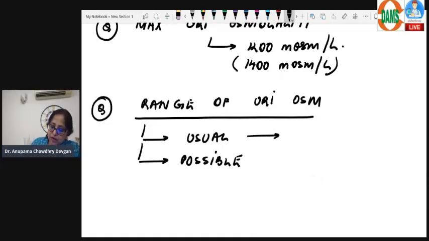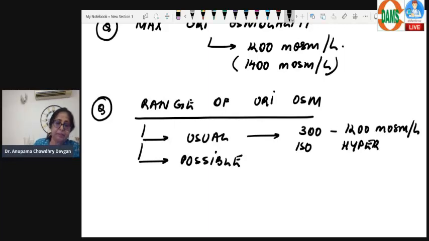The usual range of urinary osmolality is 300 to 1200 milliosmoles per liter. That means it is isotonic to hypertonic. Usually the urine which is produced is isotonic to hypertonic. Cortical nephrons will produce an isotonic urine.